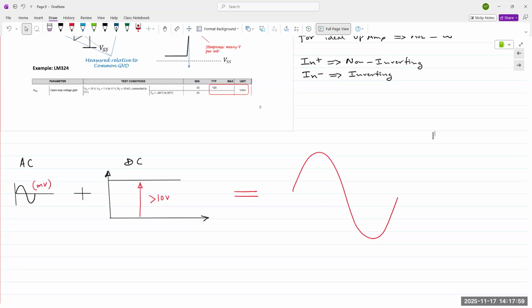Now gain is 100. If you feed in 1 volt, you get 100 volts. You feed in 10 volts, you get 1,000 volts. Feed in 100 volts, you get 10,000 volts. Is that really possible?